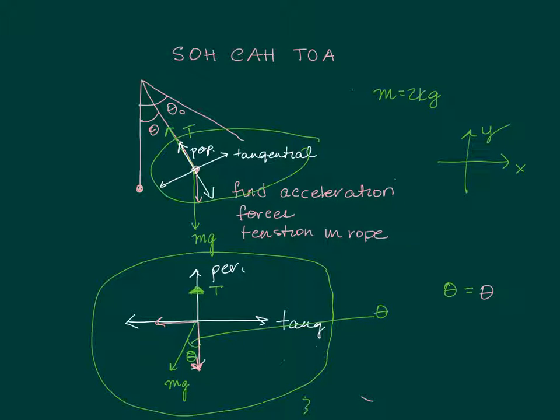Okay? So here's where I'm going to take my triangle and redraw it. Okay, and here's mg, and here's theta. And we can put in a value for theta if we want to. Let's say theta equals 30 degrees. Okay, so now we make a triangle. And the right triangle that we make gets completed by drawing this line.